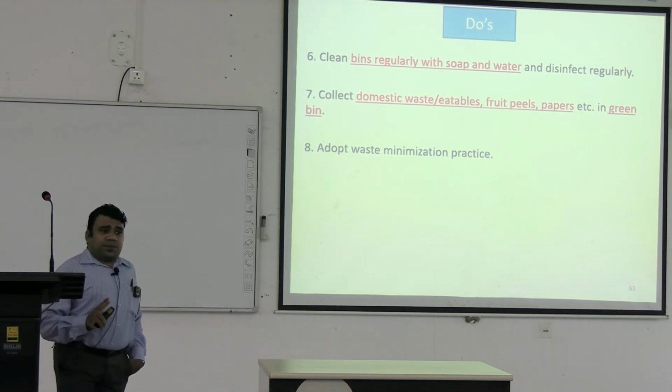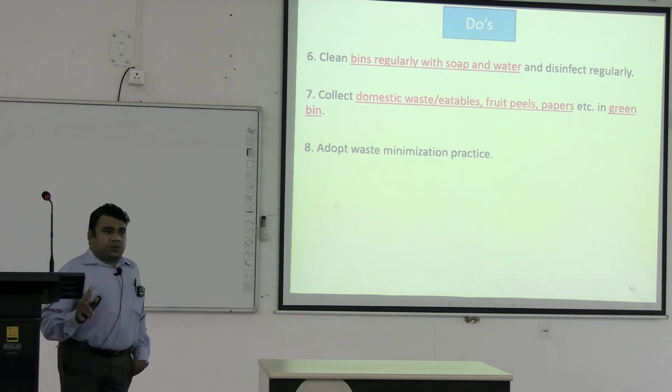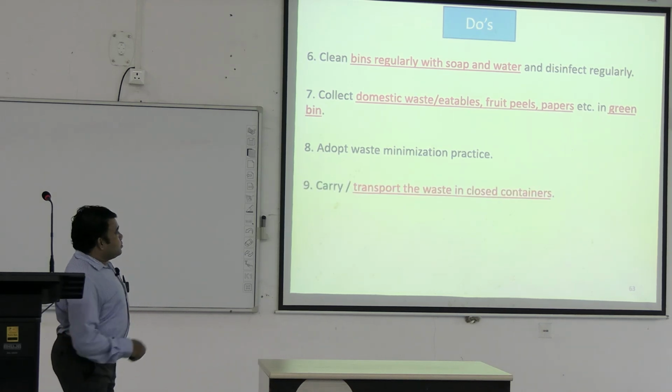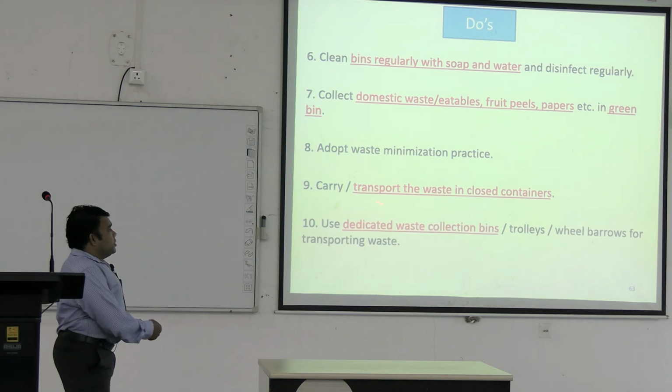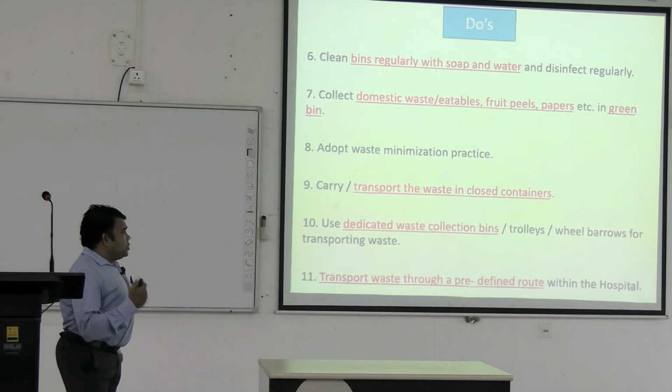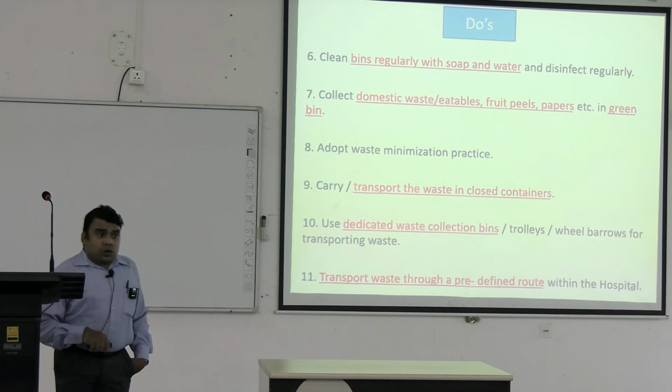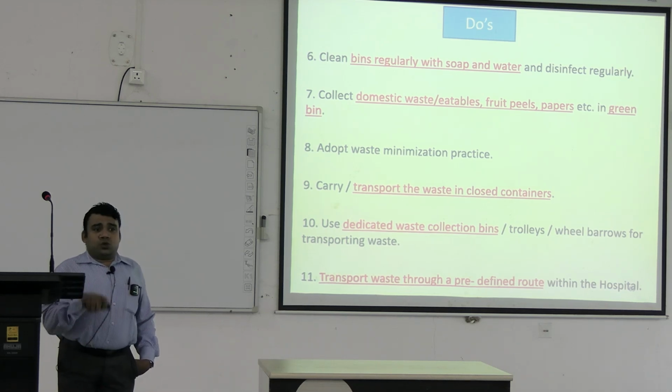Those should be kept separately and treated as municipal waste. They should not be thrown in biomedical waste bins. Then the transportation should be done in a closed container, and along a predefined route, not using the areas used by patients and visitors.